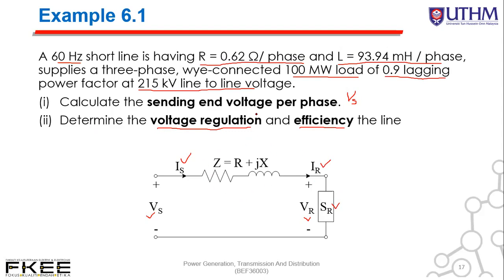From the given data, R equals 0.62 ohm per phase, L is 93.94 millihenry, power is 100 megawatt, and then we have the power factor. So we can solve this example.